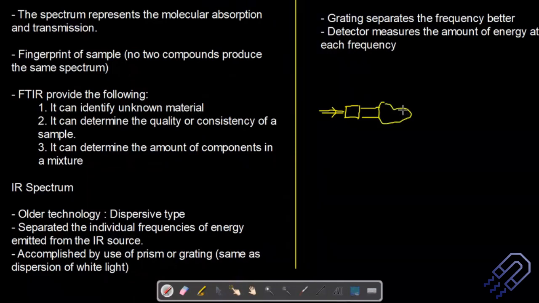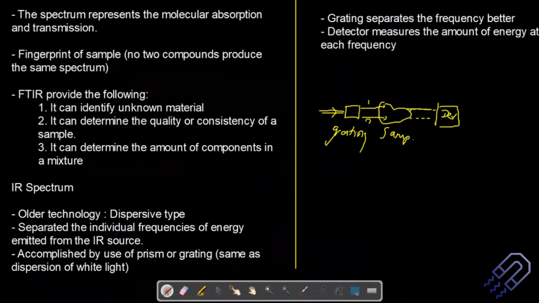Some of the energy will be absorbed here, some would just cross through. Whatever crosses through might be weaker or might be stronger, and this will finally be in the detector. So this is your detector, this is your sample, this is probably a grating, and so on. So you have an IR source, the grating separates the frequency, it falls on the sample, and then finally it is getting detected by the detector.